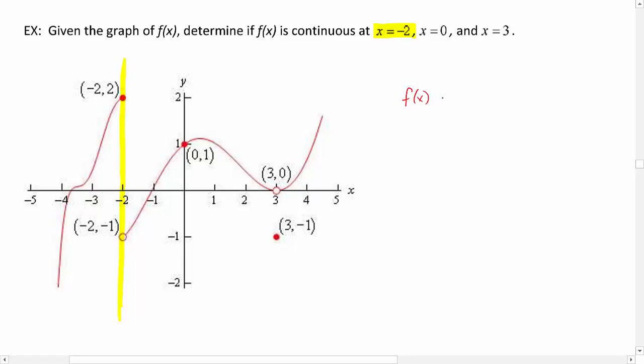F of x is discontinuous at x equals -2 because the limit as x approaches -2 of f of x does not exist.